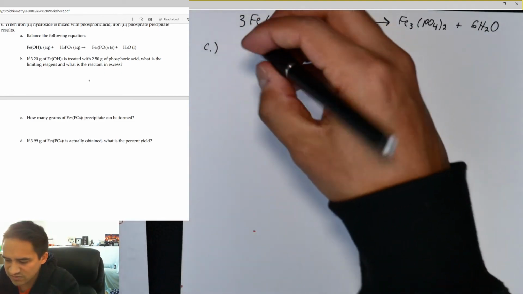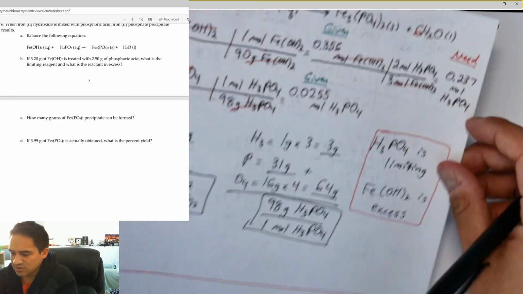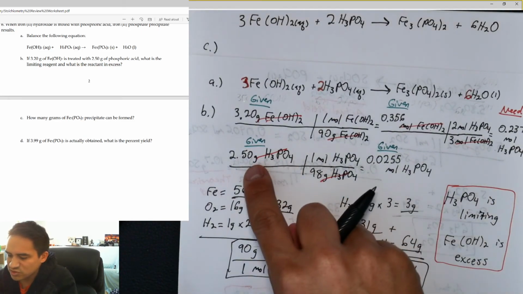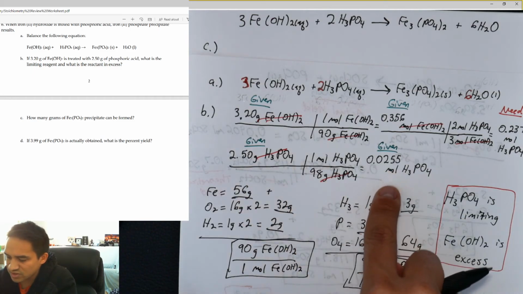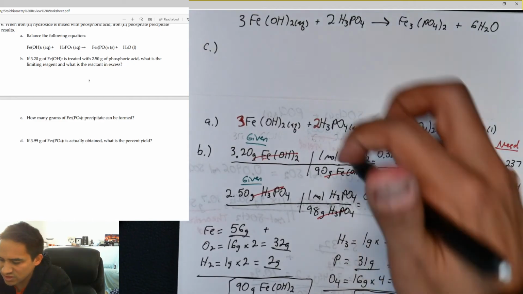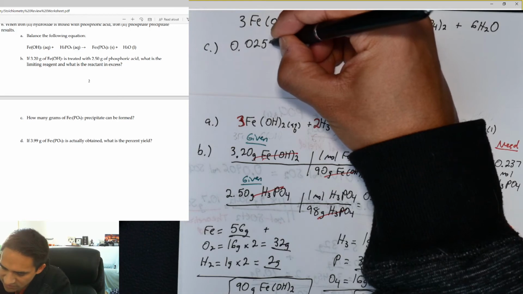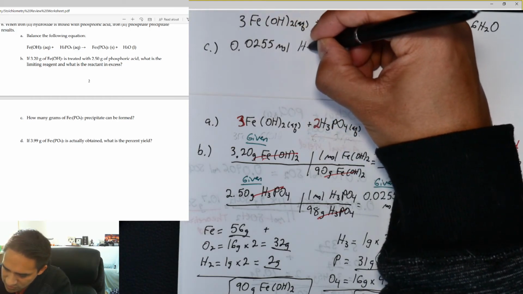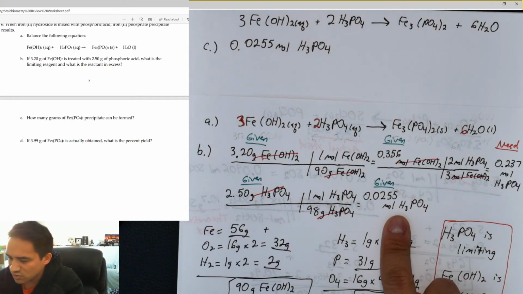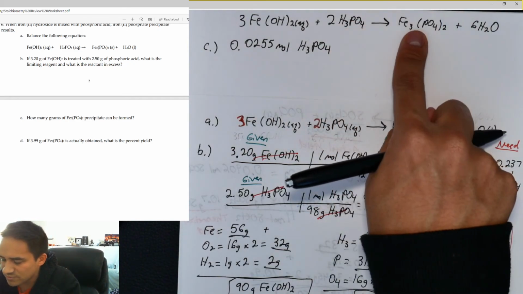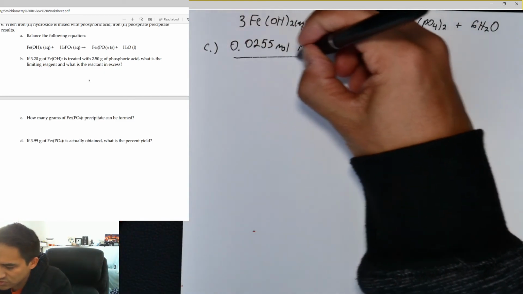We're going to start with our limiting reactant, which was the 2.50 grams of H3PO4. First step is to calculate into moles, which we've already done. So we're just going to start with this number of moles already: 0.0255 moles of H3PO4. Okay, so there's our moles, and we're going to go from moles of this material to moles of that material. It's a 2-to-1 ratio. So let's set up our conversion table.